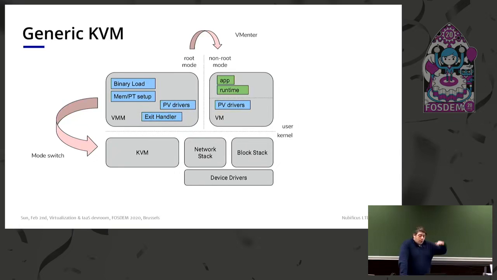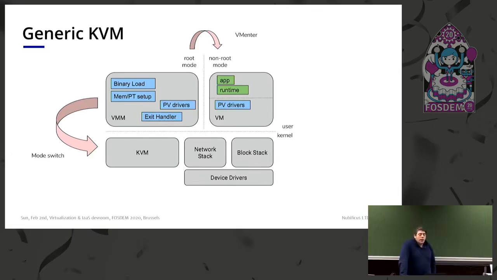There's a VMM running in user space on the left side that handles all the binary loading for the VM OS to run, some of the memory management, all the PV drivers, and the exit handler for the VM when a privileged instruction needs to be executed. And on the right side is the non-root mode where the VM is running. So on a VM enter, there's this switch from root mode to non-root mode, at least on the x86 architecture.